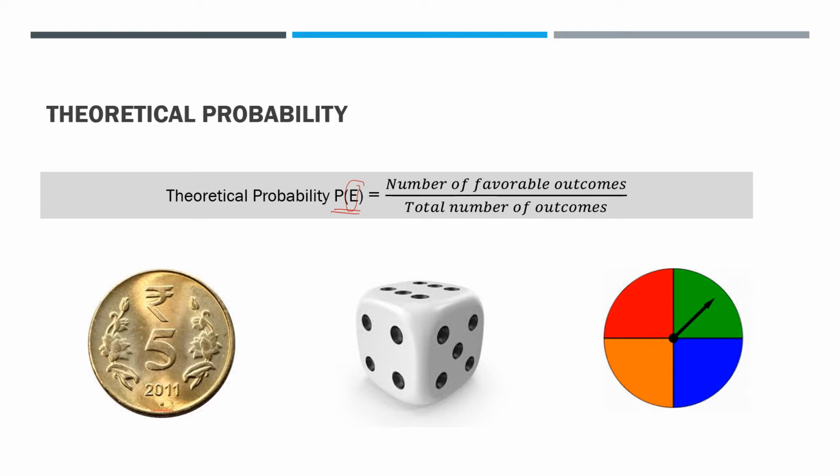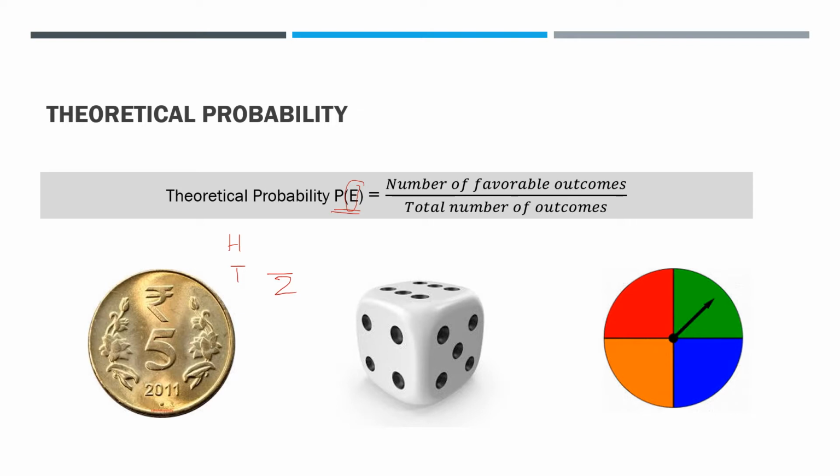Let's start with a coin. If you toss a coin, what are the possible outcomes? You can either get heads or tails. So the total number of possible outcomes is 2. Now let's say someone asks you, what is the probability of getting a heads when you toss a coin?